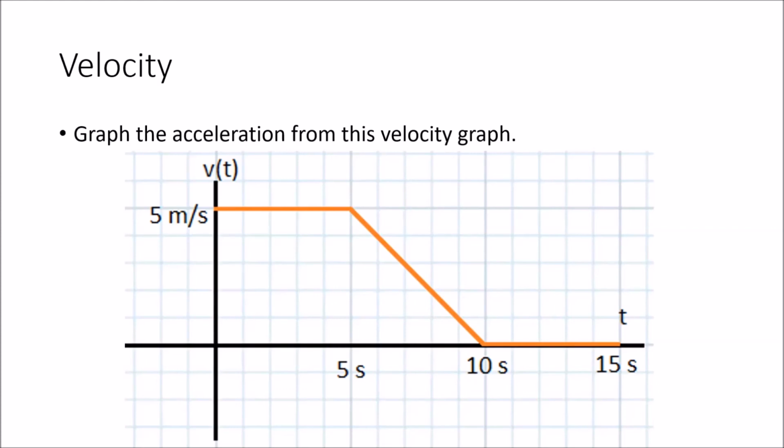The velocity is decreasing over the 5 to 10 seconds. And you look at the first 5 seconds there, you've got a constant slope, and so no acceleration, meaning no change in velocity. So the acceleration will be 0 over the first 5 seconds. And then you've got a negative acceleration or a deceleration for the next 5 seconds.